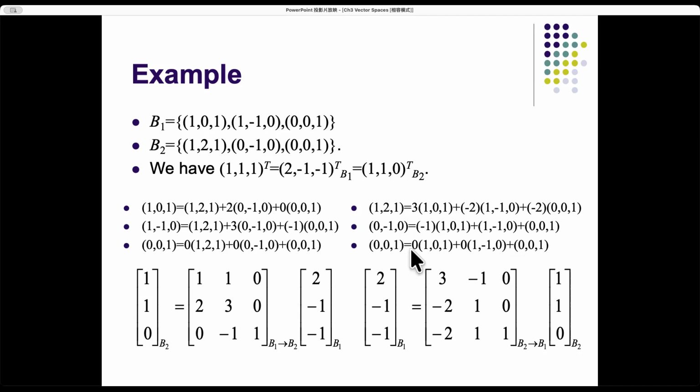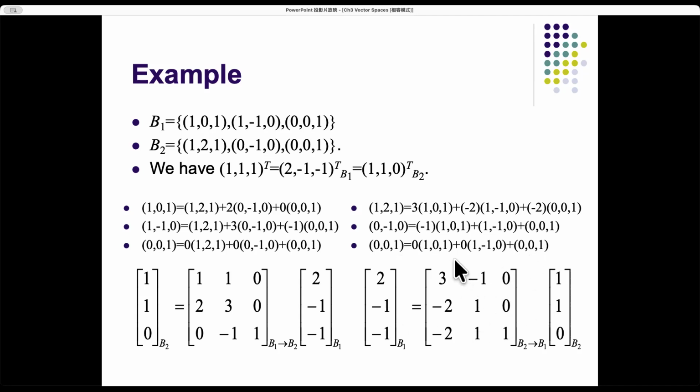And 0 0 1 is 0 times the first and second vectors plus 1 times the third vector. So you see the B2 to B1: the first column is 3 negative 2 negative 2, the second column is negative 1 1 1, the third column is 0 0 1.